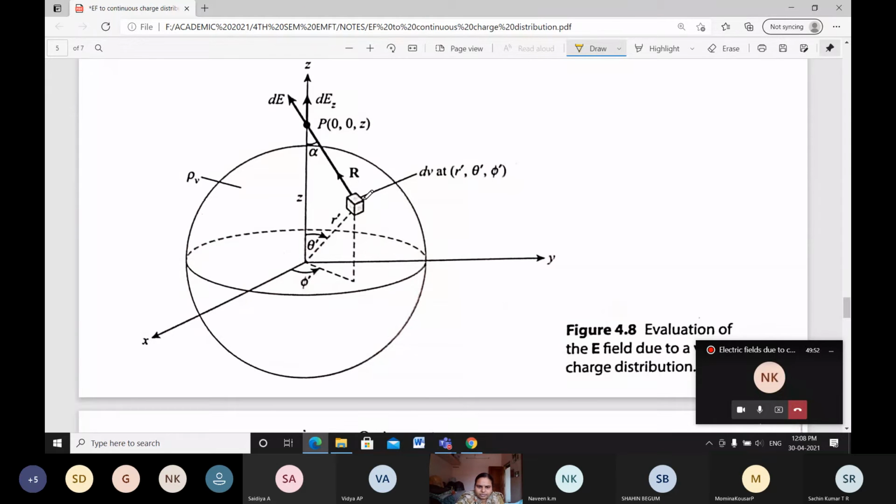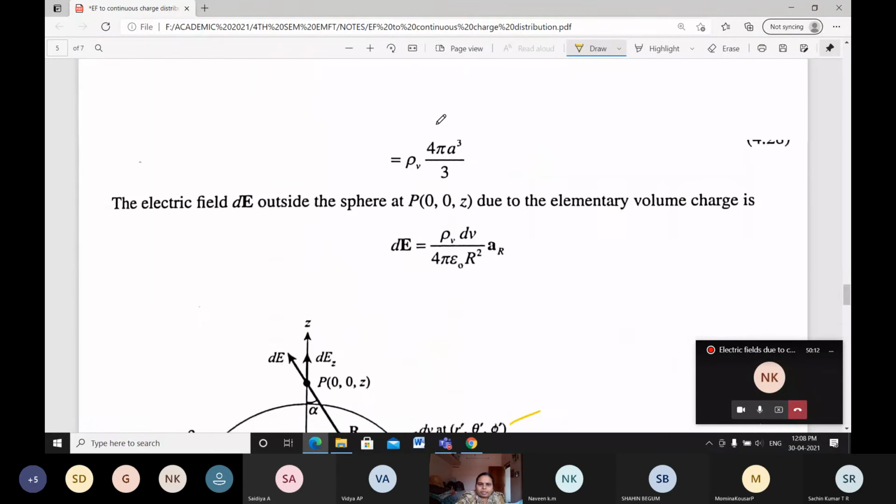At this point, an object is taken, an element. What might be the electric field intensity due to the volume charge within a volume? Here it is taken as r dash, theta dash and phi dash, dv at this point.